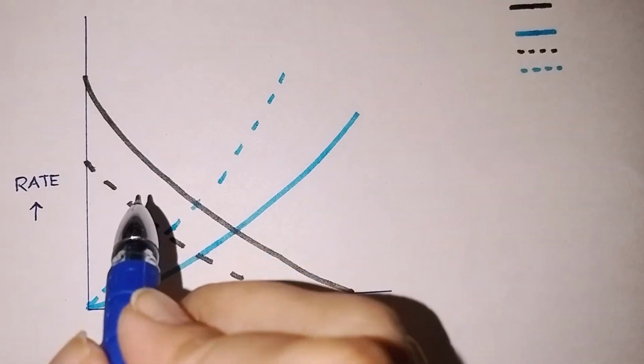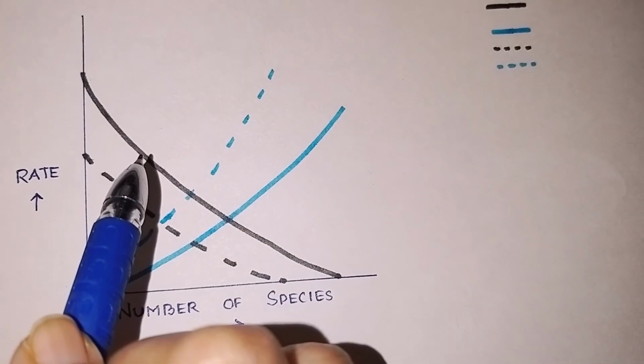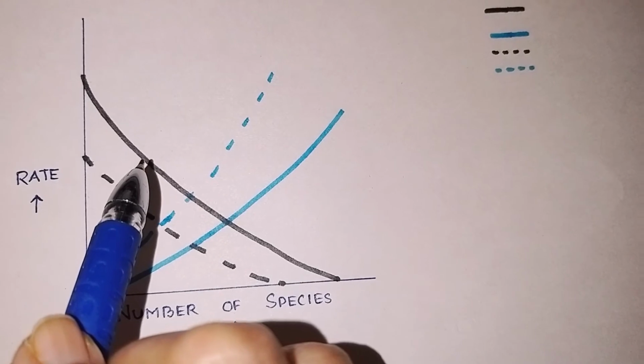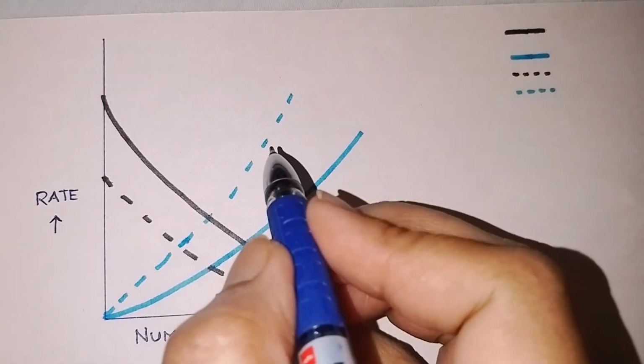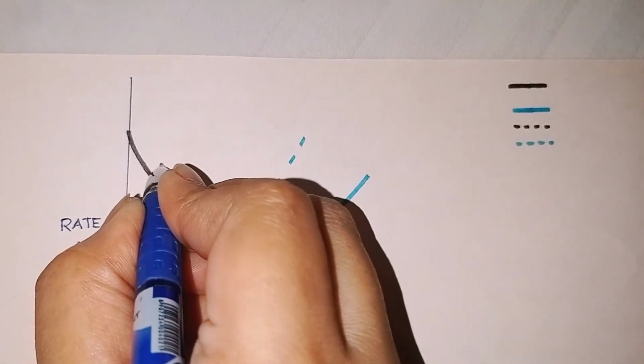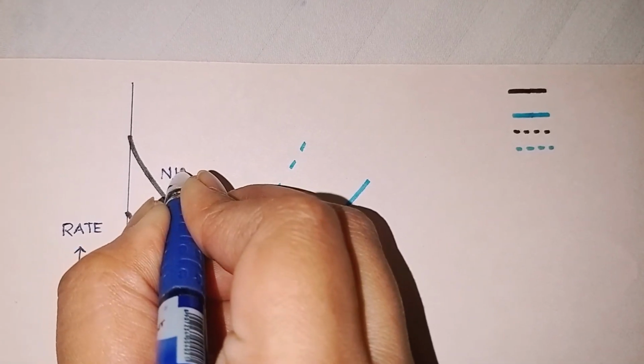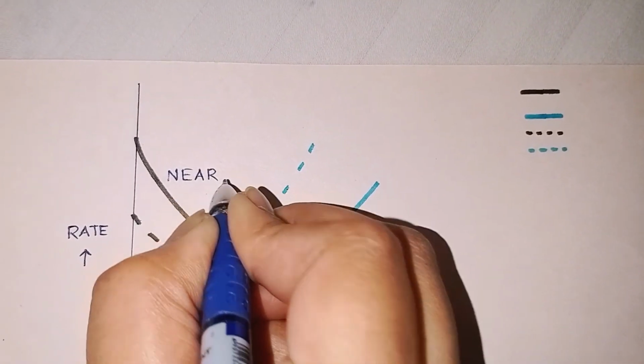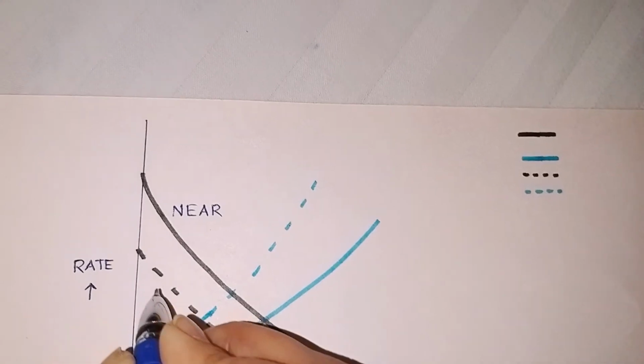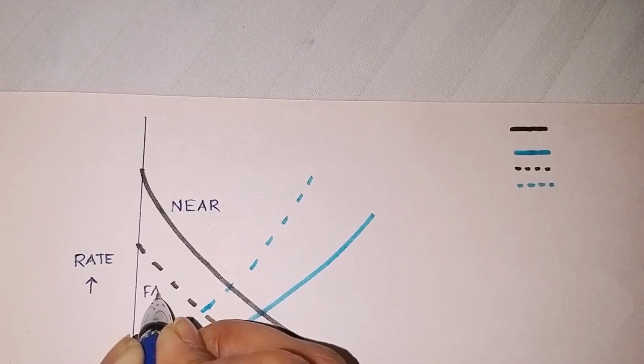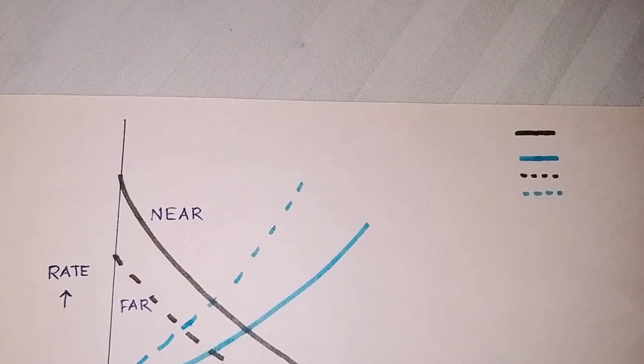So here we see this is the curve for the rate of immigration in a near island. So let's write that: near island, and this dotted line is for far island.